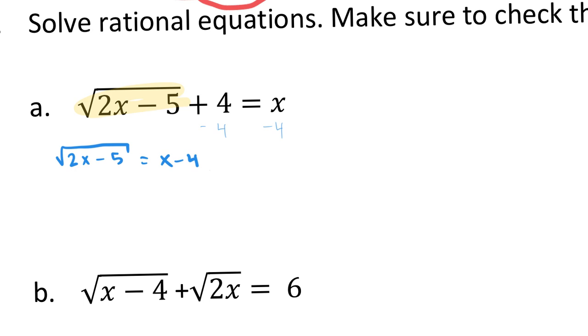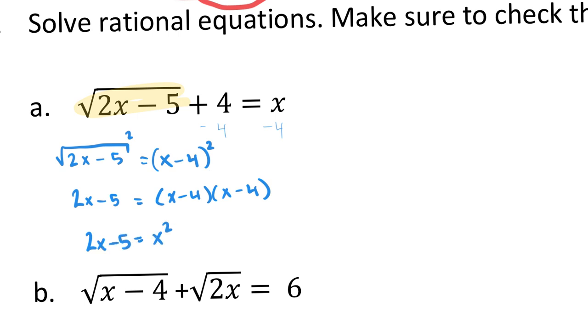Okay. Then from here, we want to get rid of the square root. So to do that, we need to just square both sides. That eliminates the square root. But I need to FOIL that right side. If you're good at doing perfect square foiling, go for it. If not, make sure you FOIL it all the way out.